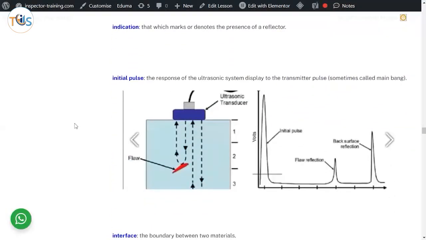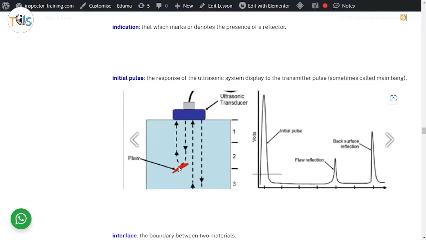Indication: any response or marks you get from the presence of a reflector. Initial pulse, we already discussed this. So you get the first pulse, the initial pulse, and then a pulse from the middle from the flaw, and then you get a back wall pulse. Part of it is reflected earlier, so this is in the middle, because it just goes half, or 1/3 of the depth, or 2/3 of the depth, and comes back when it hits the defect.